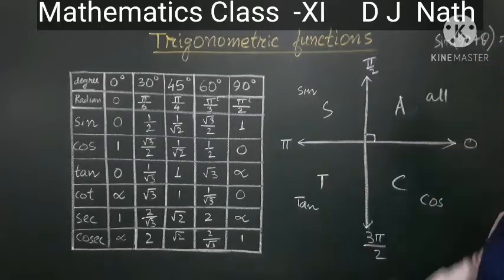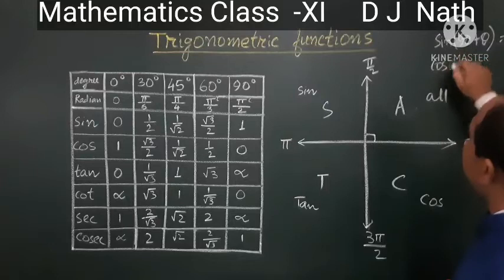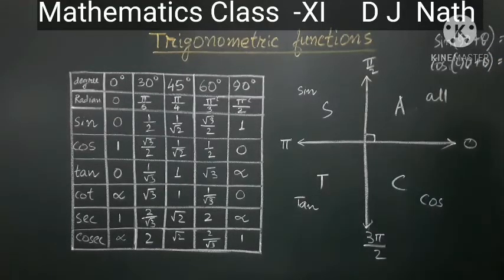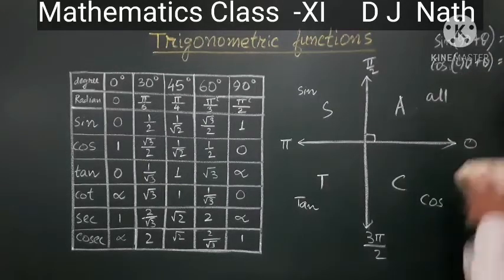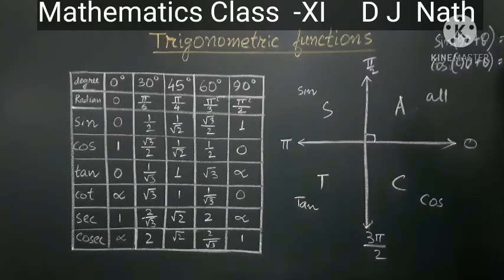Why it is sin theta? If it is cos 90 plus theta, then it is minus cos theta. Tan 90 plus theta is minus tan theta. And cos 90 plus theta is minus sin theta.